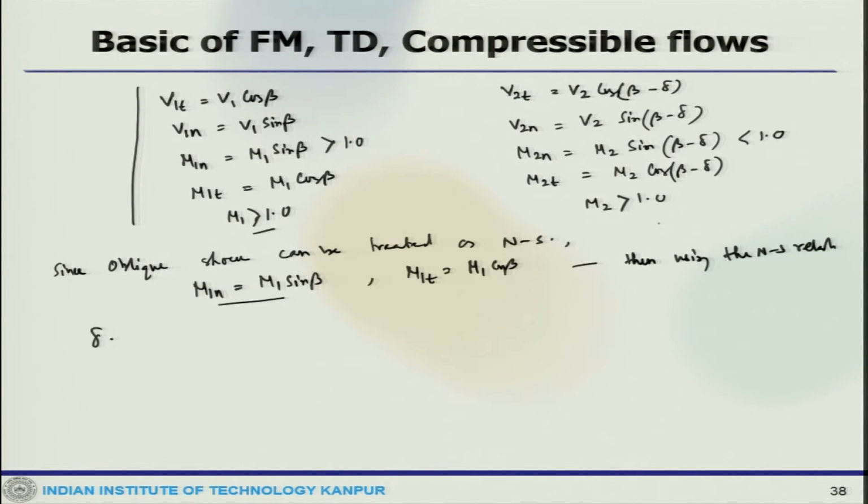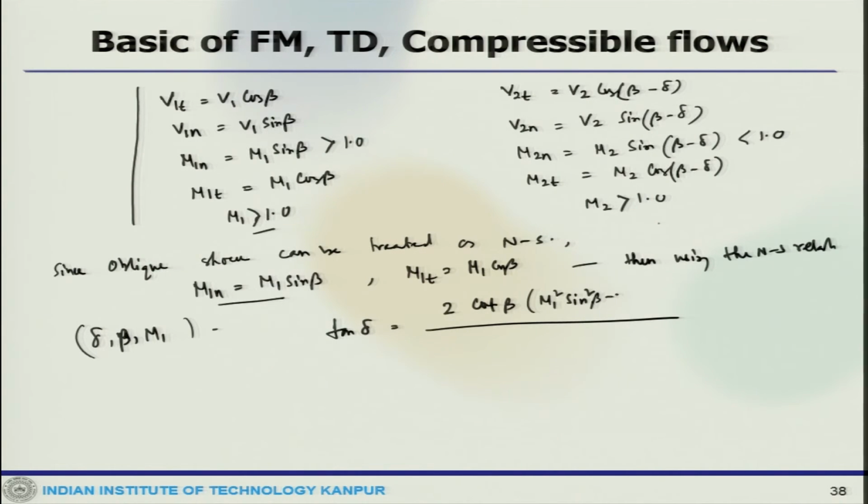We can write some relationship between delta, M1 and beta, which gives us that tan delta would be 2 cot beta times (M1 square sin square beta minus 1) divided by (gamma plus 1) M1 square minus 2 (M1 square sin square beta minus 1).